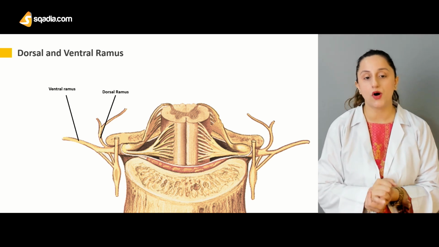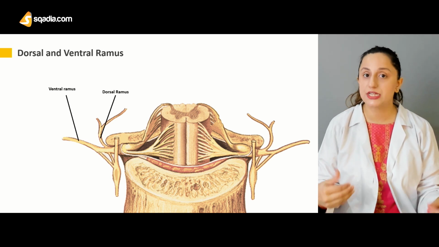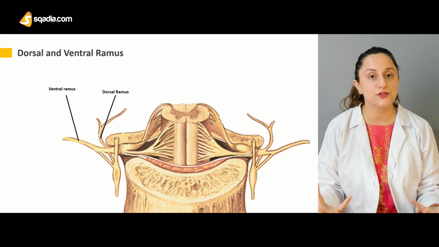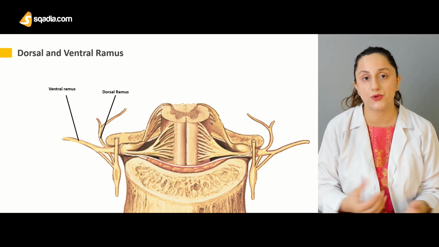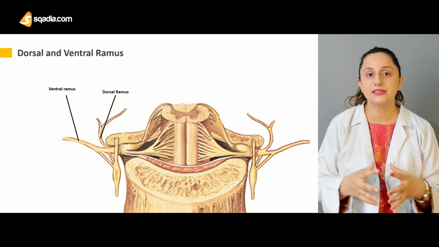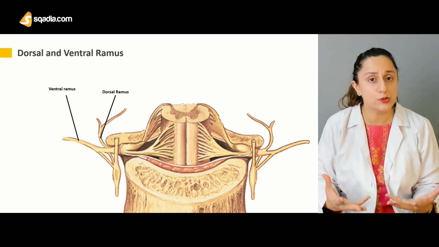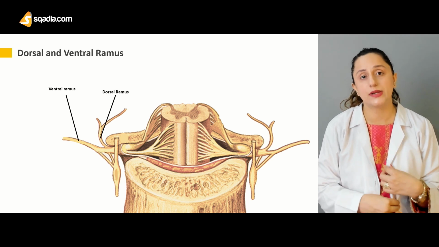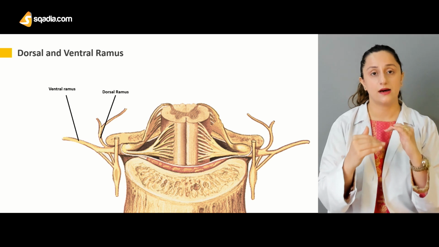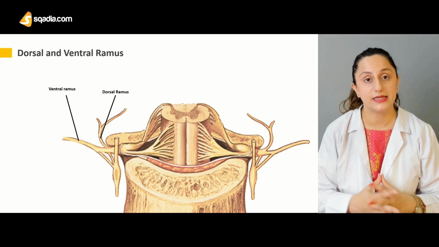Further on, these rami continue as particular nerves depending upon which set of muscles or target organs they are going to innervate. So this is the general organization of the spinal root, and how we can calculate which particular spinal root comes out of a particular column of the spinal cord.